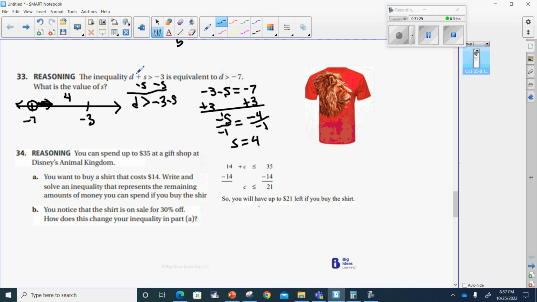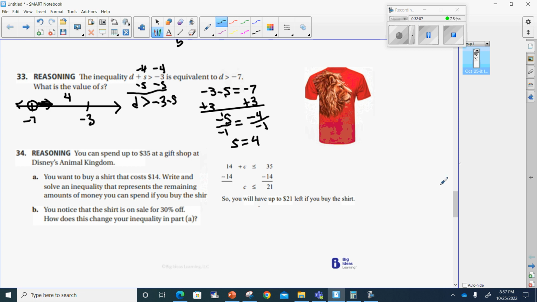If this number is 4, then whatever number I get over here has to be bigger than -7, because when I subtract 4 from this side to get D by itself, I have to subtract 4 from this side. And you see that -4, -3 make -7. My D is by itself. But remember, D is going to have to be bigger than -7 for this to be true. So yes, S is equal to 4.